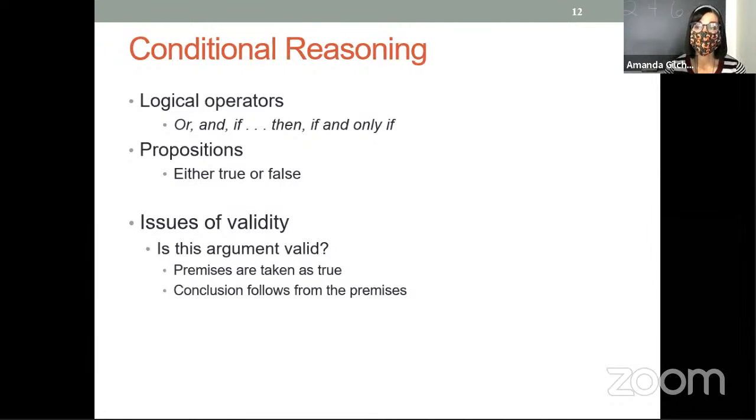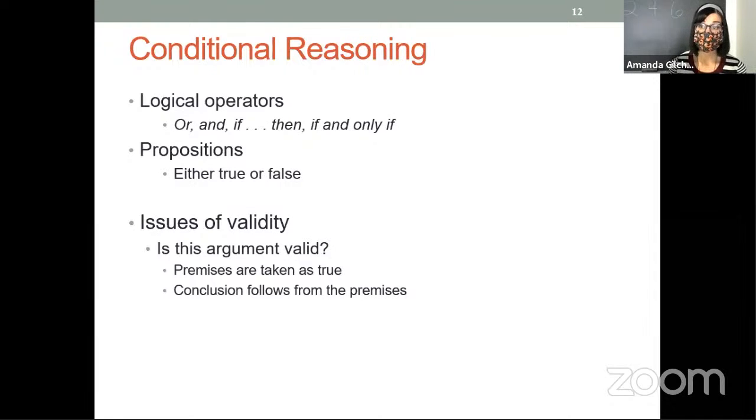Validity has nothing to do with the content of the argument, and it has everything to do with the argument's form. It has to do with the form that the argument takes. So there are arguments out there that do not sound logical, but they are valid because they are in a proper form.